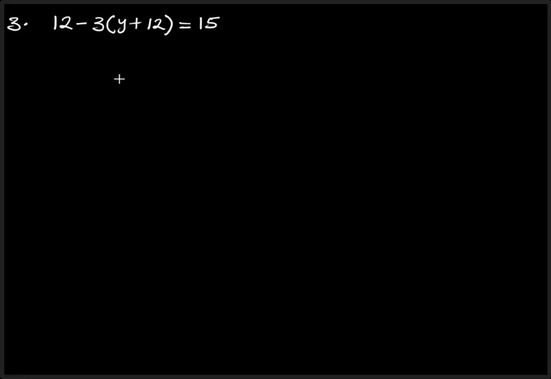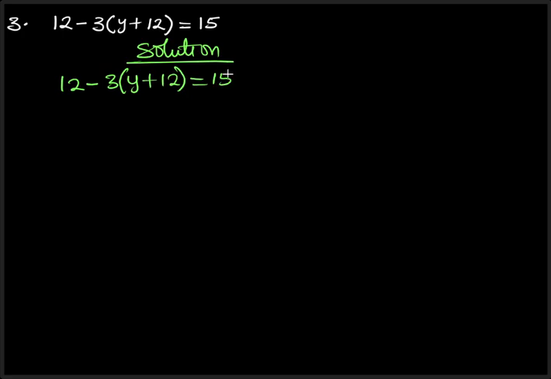Okay, move to number 3. What do we have here? We have 12 minus 3(y + 12) equal to 15. Now, what is multiplying these brackets? That's what we took time to talk about when we were dealing with removing brackets in algebraic expressions.